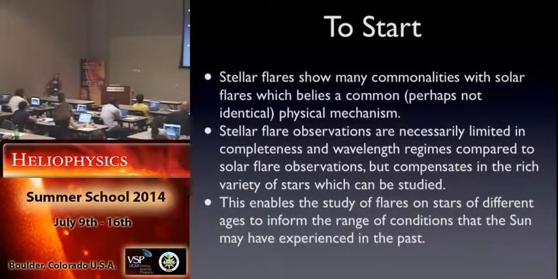But that's an open question, and we actually need to do detailed studies of these stellar flares to confirm that yes, it looks like the solar analogy does hold, or where there are other instances where it looks like it doesn't hold. So even though we have only one star, we can try to broaden that by looking to other stars. We don't study other stars in the same detail that we study the sun, so there are necessarily limitations.